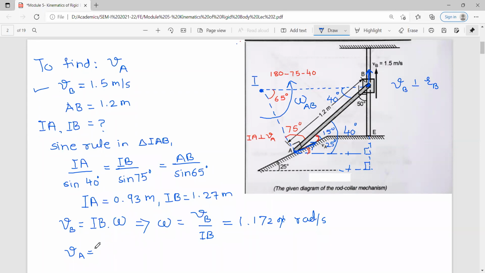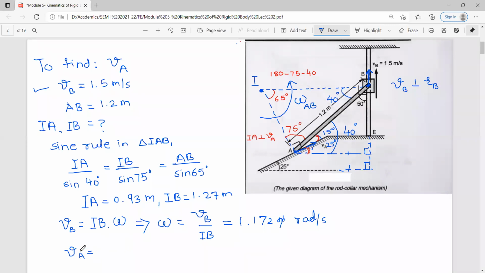In the same way, the point A also lies on the rod AB. So whatever is the angular velocity of point B, the same angular velocity will be of point A. So the formula is velocity is equal to radius into angular velocity.